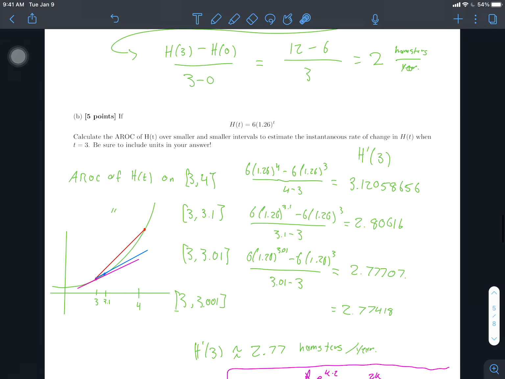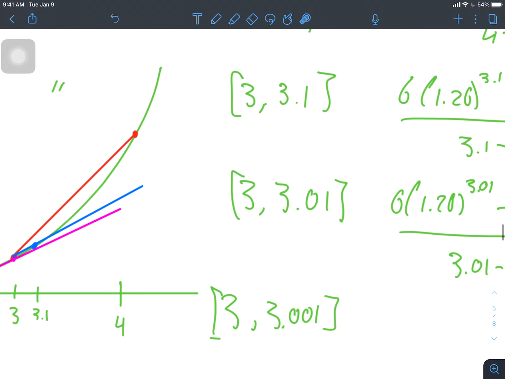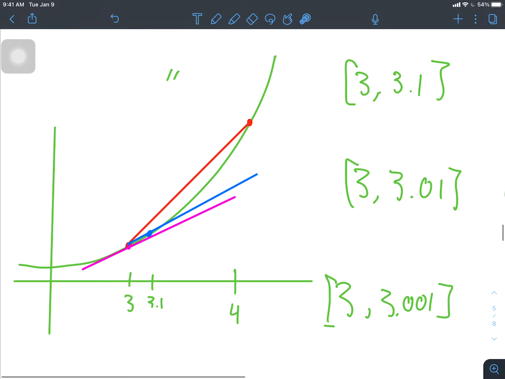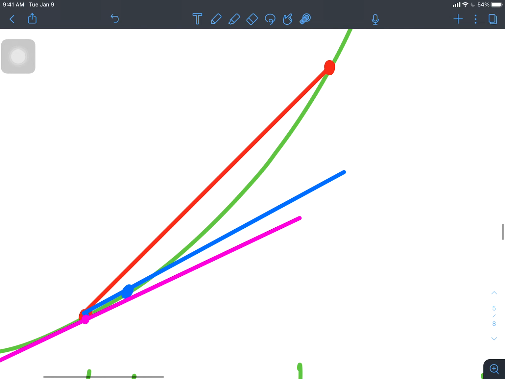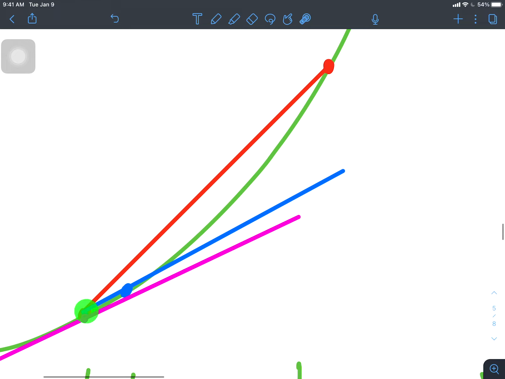Okay, so the way we visualize what's really happening here is what we want to know is the slope of this pink line. So first I check, what's the slope of this red line? And then I check, what is the slope of this blue line, where I take it over a smaller interval. The red line passes through these 2 points, and the blue line passes through these 2 points.